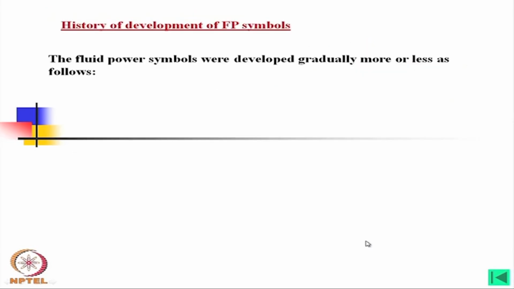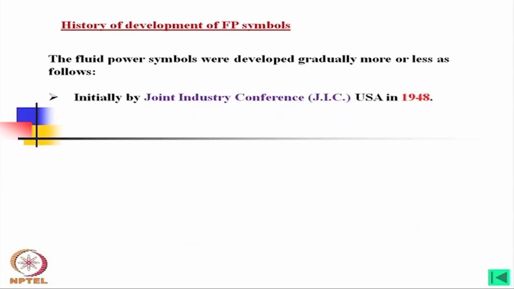Now, history of development of fluid power symbols. The fluid power symbols were developed gradually more or less as follows. Initially by Joint Industry Conference, JIC, USA in 1948.